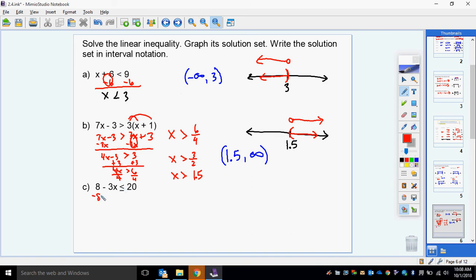So let's say I subtract 8 on both sides, because I need to subtract first to cancel those. Drop down my negative 3x, drop down my less than or equal to symbol, and 20 minus 8 is 12. Next thing I need to do is divide by the number in front of x that's being multiplied, so dividing by a negative 3. This is something I want you to be cautious of.